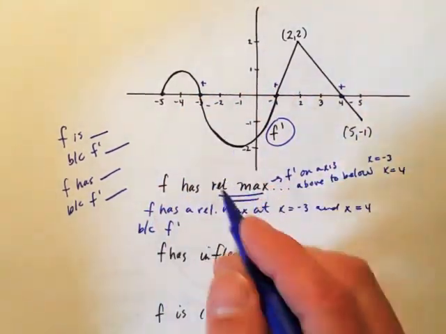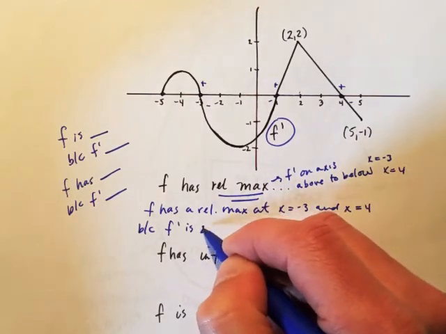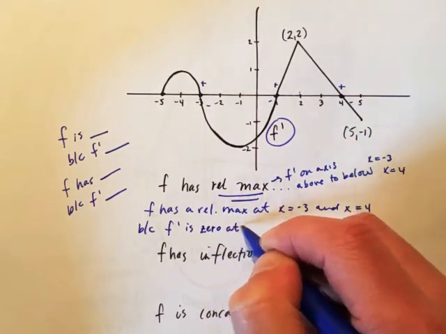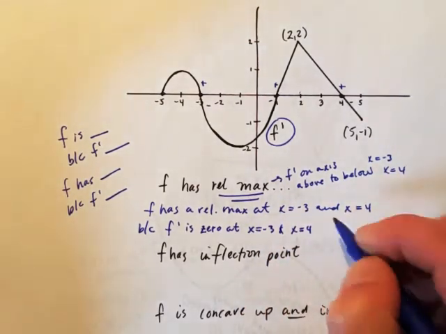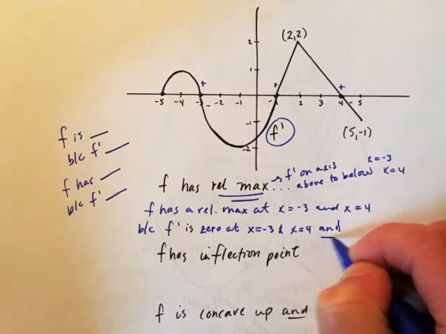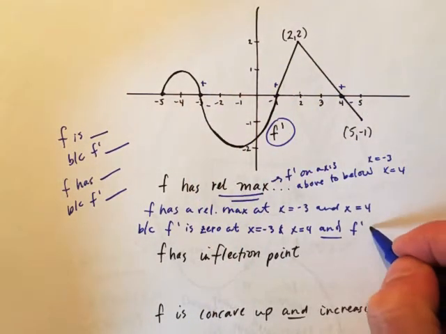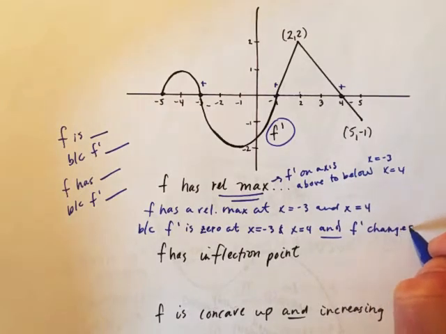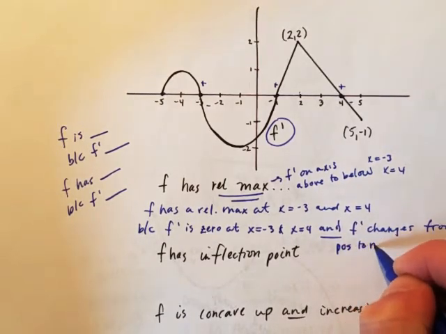Because f prime is 0 at x equals -3 and x equals 4. And what else do I know about it? And f prime does what? Changes from positive to negative at those points.